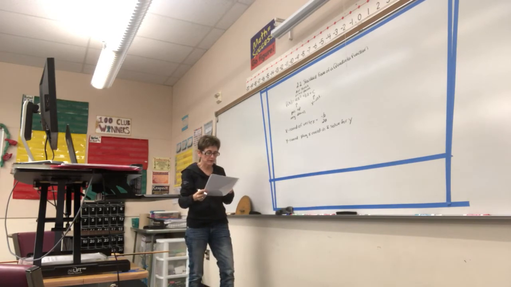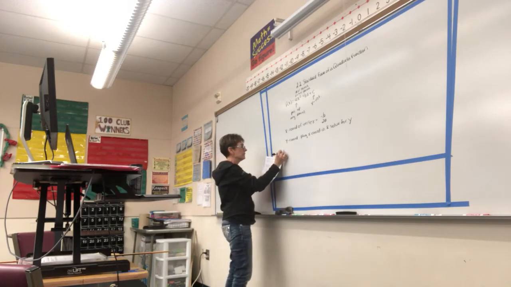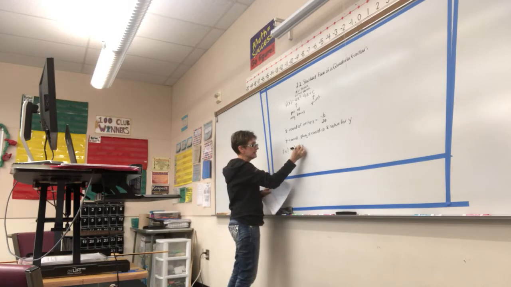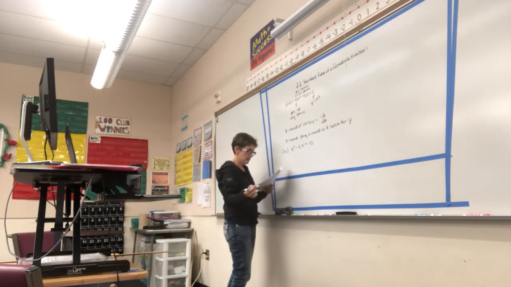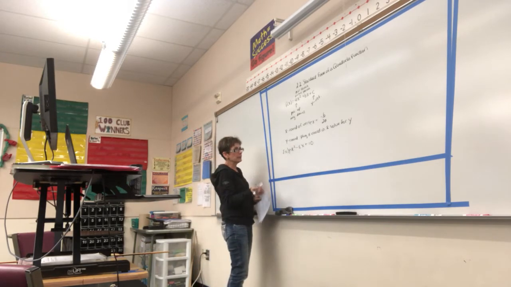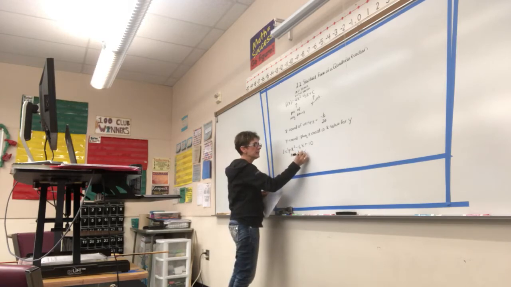Okay, so let's do an example. Example 1, very straightforward. What is the vertex of the function x squared minus 6x plus 10? We can write that as y equals x squared minus 6x plus 10. In this case, a is 1, b is negative 6, and c is 10.